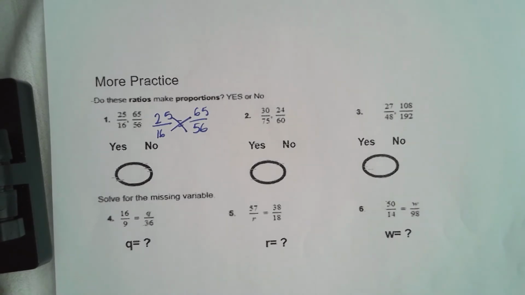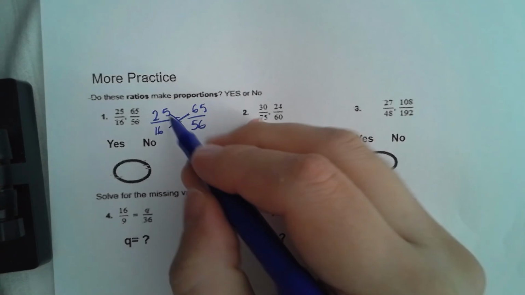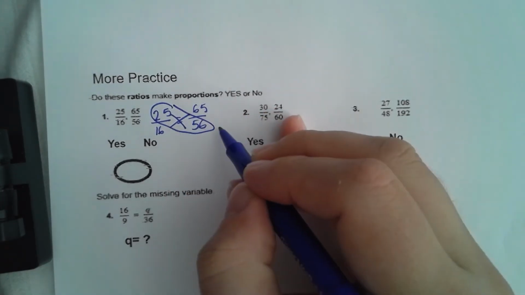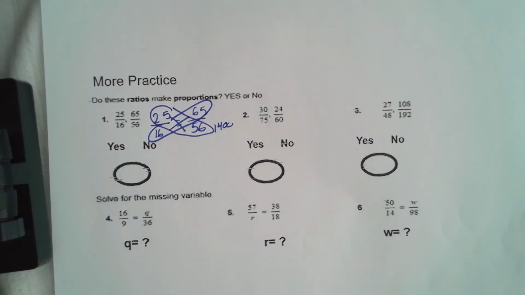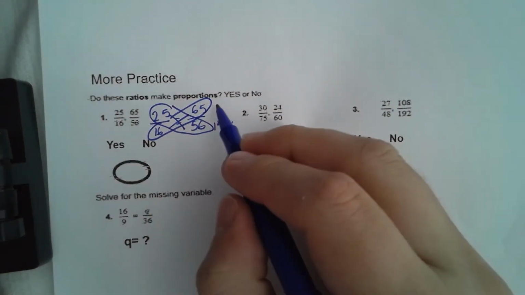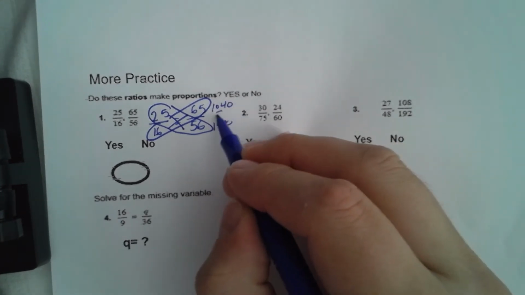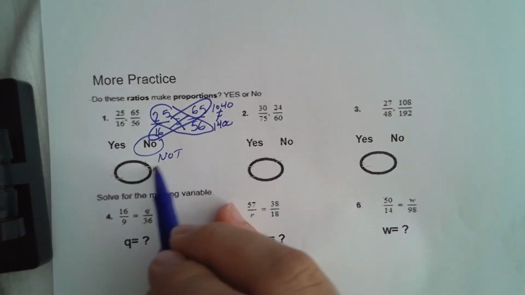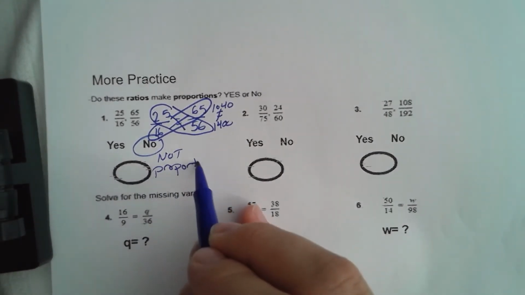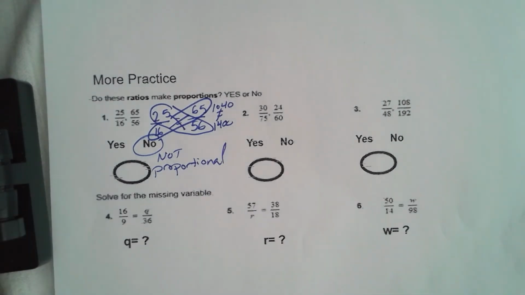So 25 times 56, this is going to be 1400. And then I do 16 times 65. That gives me 1040. These are not equal, so no, these are not proportional, or these don't make proportions.